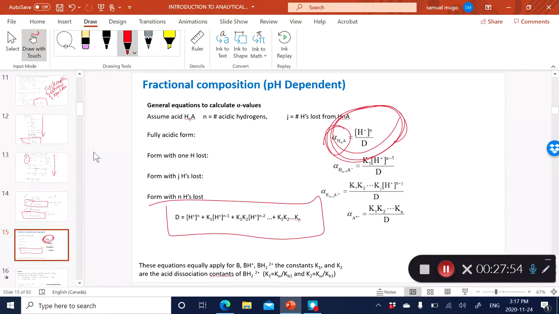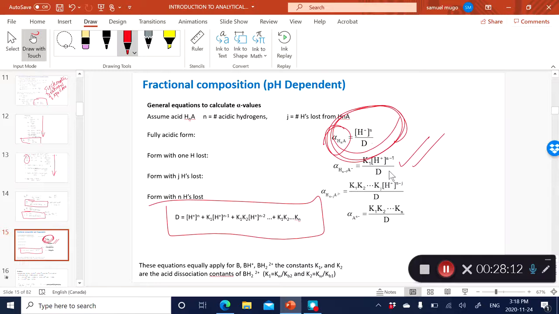You can see if I lose only one proton, now my fractional composition of the first amphiprotic species is equal to Ka1 multiplied by the H plus to the n minus 1, divided by D. So the D remains exactly the same.